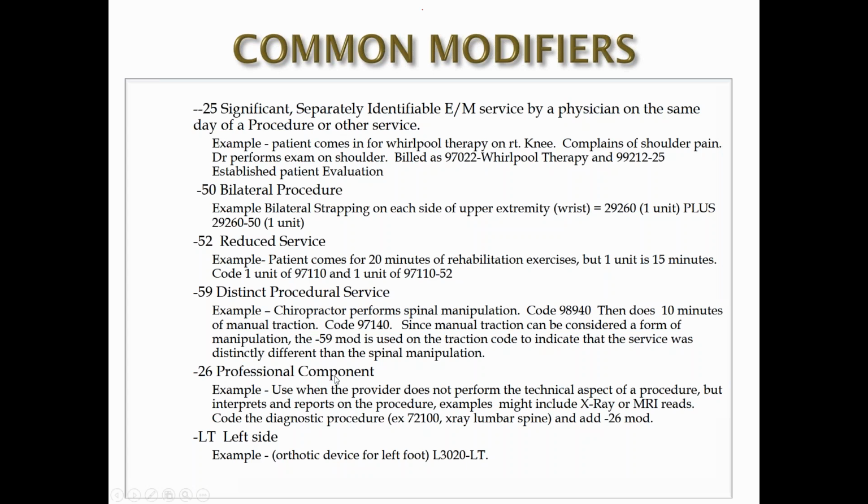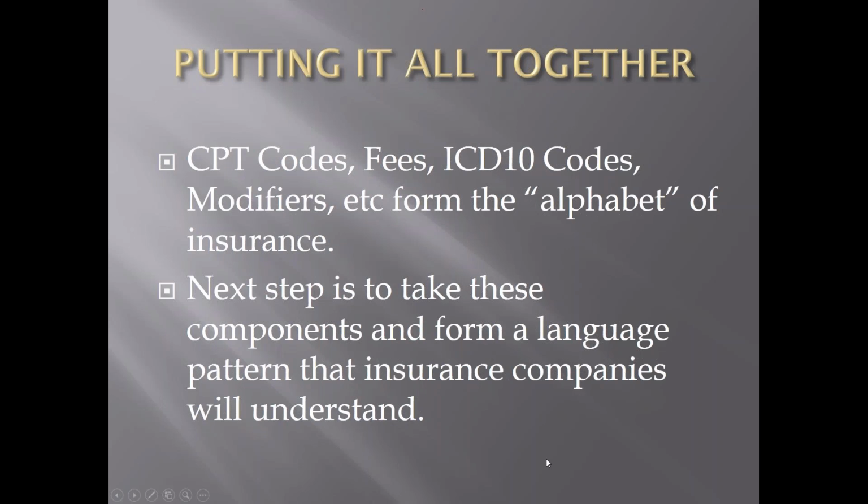I'm not going to go through every single one of them. These are just some examples of modifiers that as a biller you may run into, and you're going to need to know these modifiers for your particular medical specialty, because if you fail to use a modifier, a claim could get denied and then you'd have to reopen it.